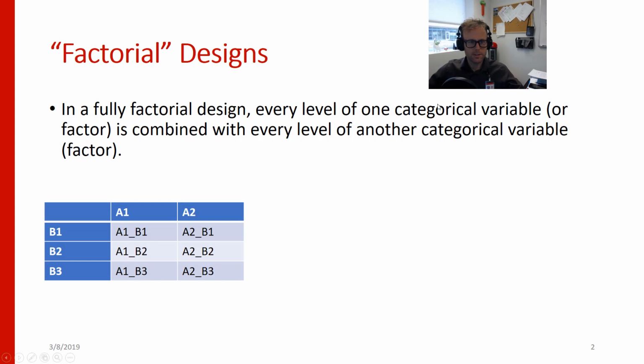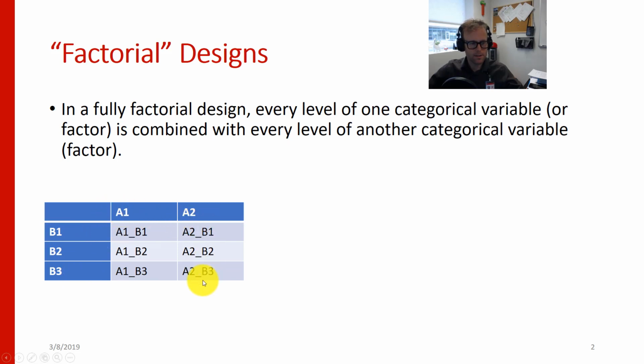So for factorial designs, the idea is that we have one level of a categorical variable combined with every other level of another categorical variable, right? So in an abstract case, we have factor A and we have factor B. Factor A has two levels, A1 and A2. Factor B has three levels, B1, B2, and B3.